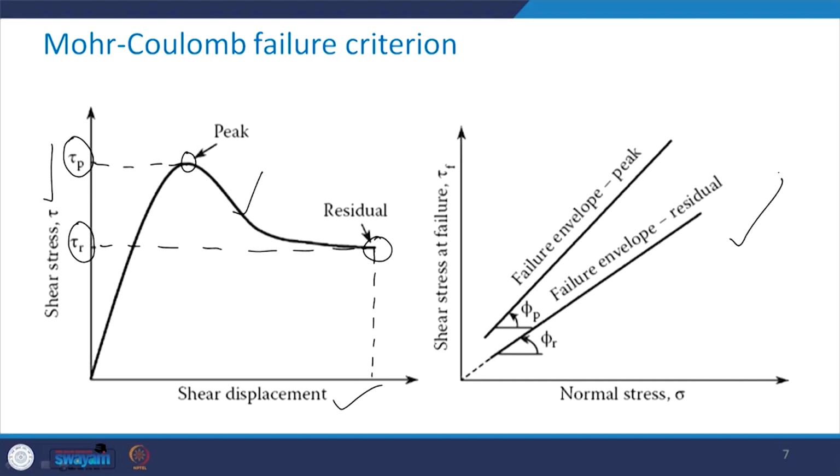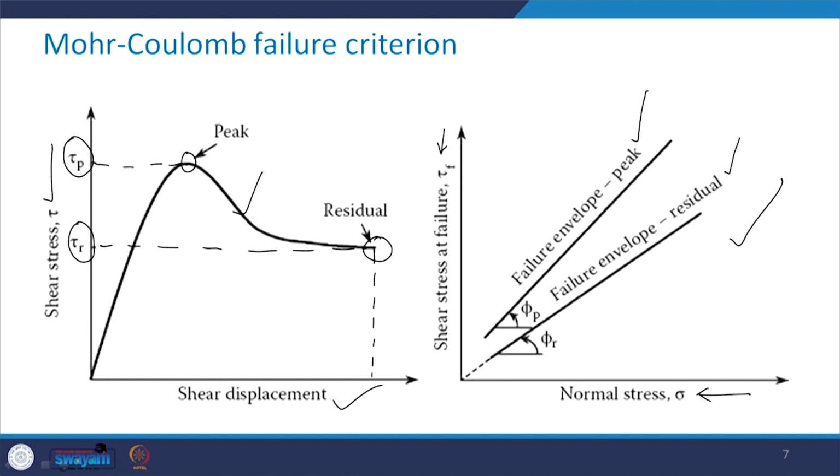Look at this figure where the shear stress at failure has been plotted against the normal stress. You get two plots or two envelopes. One corresponds to the peak values, the other corresponds to the residual values.